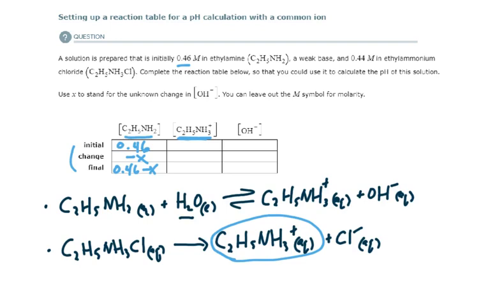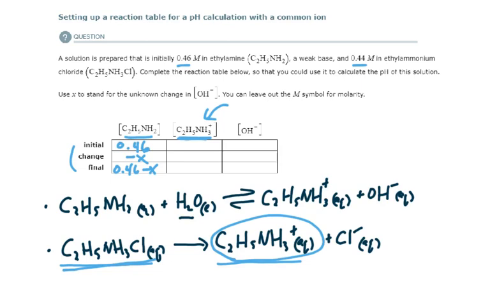Initially, our concentration of this conjugate acid to our base is the concentration of this and also this. What is the concentration of ethylammonium chloride in solution? It is 0.44 molar. The reason these two are equal is because this is a strong electrolyte and this reaction goes to completion. So if I start with 1 mole of this, I end up with 1 mole of this. If I have 2 moles of this, I have 2 moles of this. Or if I have 0.44 moles of this, I have 0.44 moles of this.